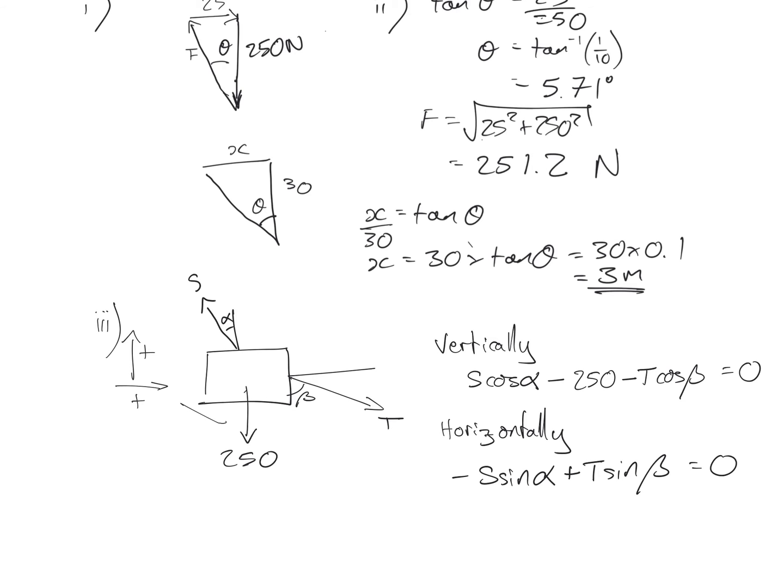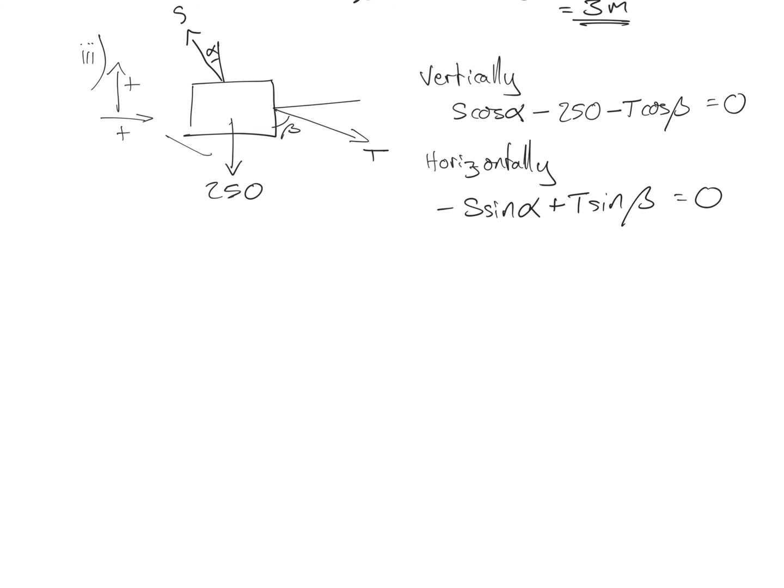Find S and T when alpha is 8.5 and beta is 35 degrees. So from this equation, I've got T equals S sine alpha over sine beta, and I'm tempted to leave it all in because these aren't going to be nice numbers.